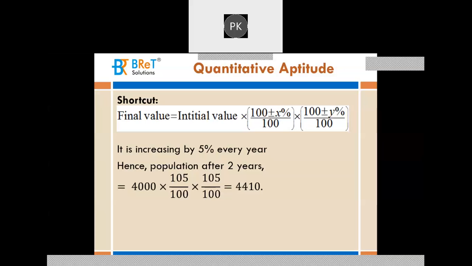Similarly, I'll dictate one more question for loss. Please take this down. The cost price of an article is 20,000 rupees, and a shopkeeper sells this article at a loss of 25 percentage.